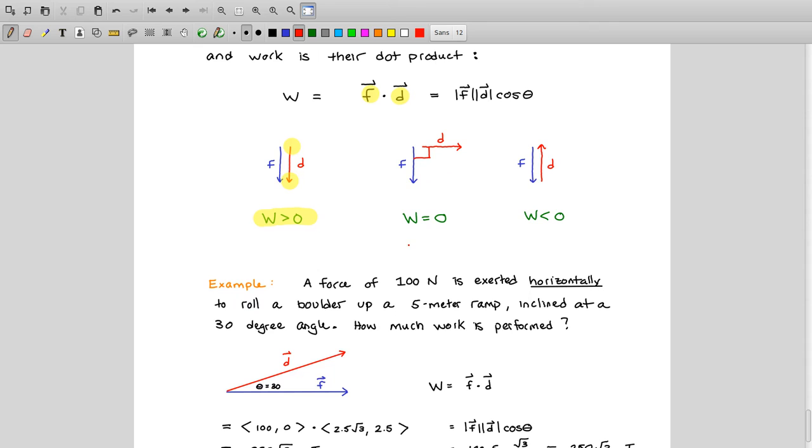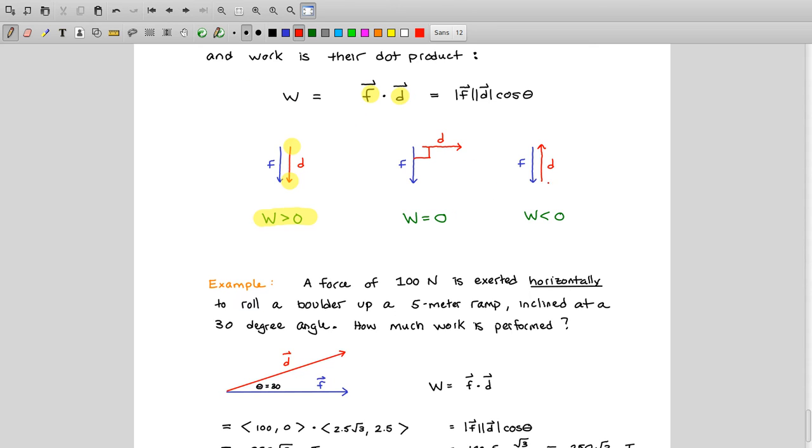Now you certainly may not feel like you're doing 0 work if you carry a heavy box horizontally across the room, but no energy has been expended between the initial and final position of the box. It has the same potential energy as long as you didn't lift it up or down. The energy you expended was simply your muscles contracting to struggle to keep this box at the same height as you moved it. But that is not the same as the work that is technically done on the object.